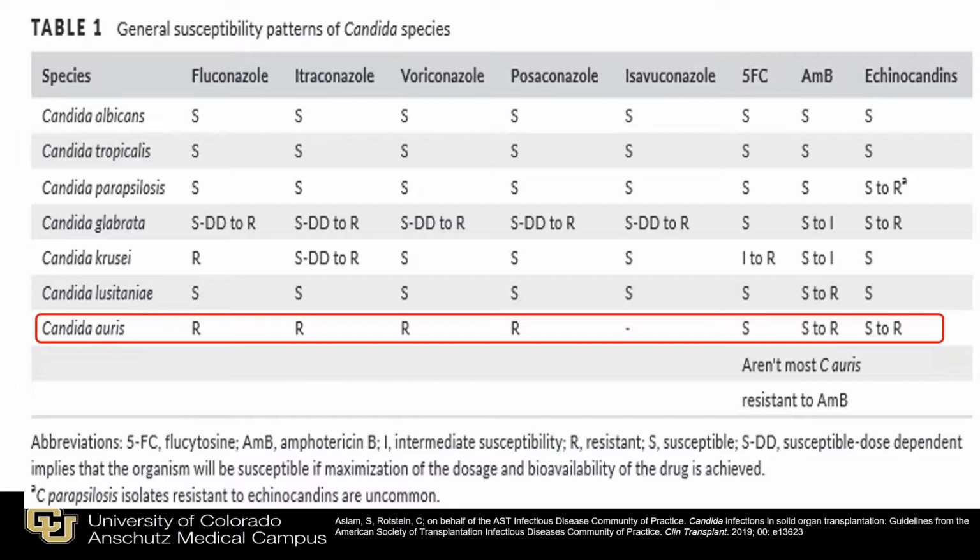Now, in 2016, the United States Centers for Disease Control and England's Public Health issued a warning about the emergence of a new multi-drug resistant Candida species called Candida auris, which was resistant to pretty much all or most available antifungal agents, as you can see here, and it was associated with nosocomial or healthcare infections and caused high mortality. So this was thought to be a global health threat in 2016, and it has spread to 30 countries up until now.